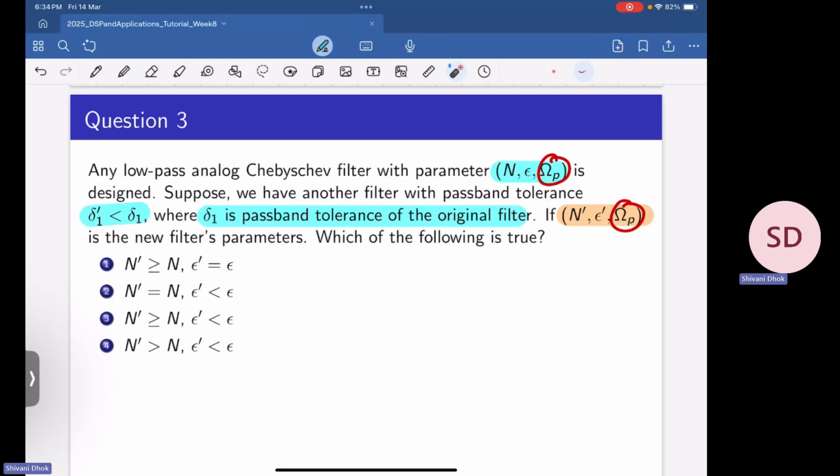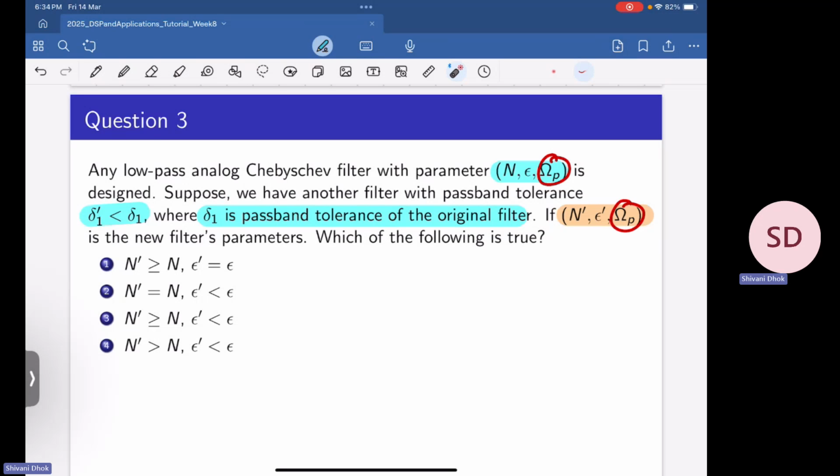So we get another filter with parameters n prime, epsilon prime and the same passband edge omega p. Then they are asking us to figure out the relations between n prime and n, that is the original order of the filter and the order of the new filter, and the relation between epsilon of the original filter and epsilon of the modified filter.